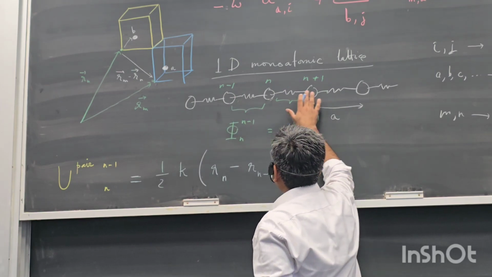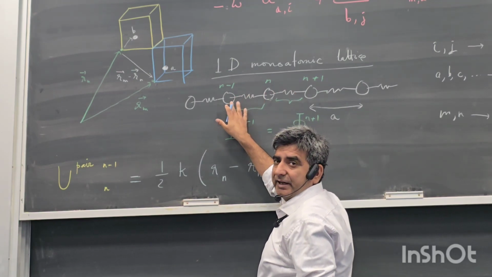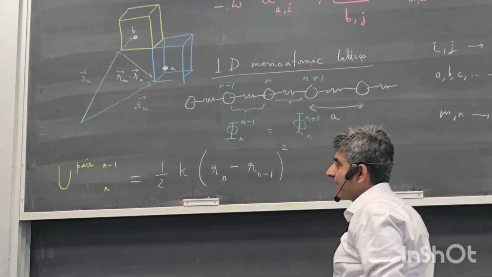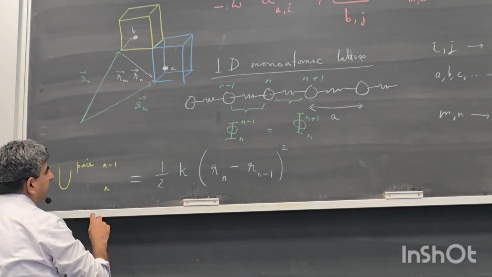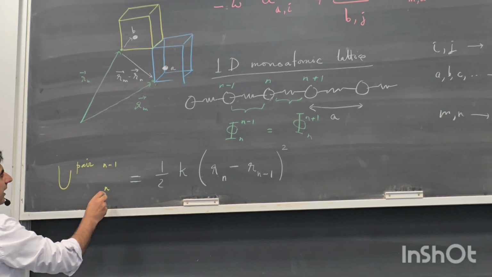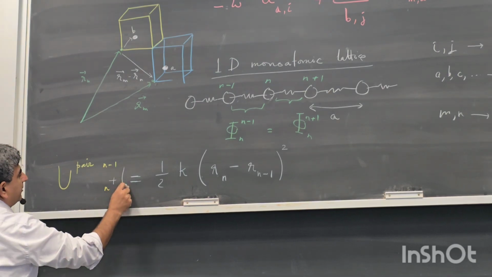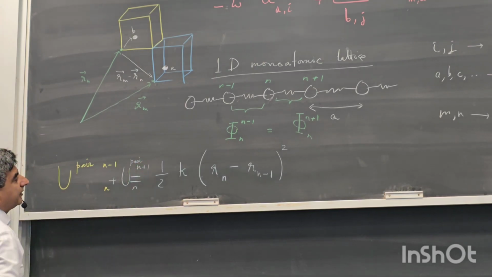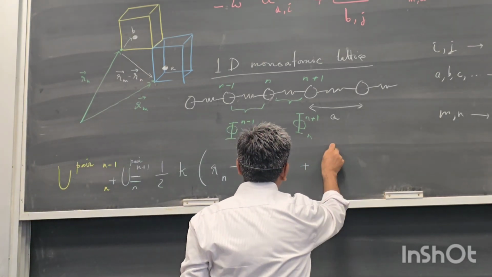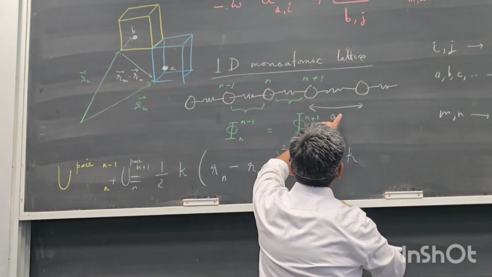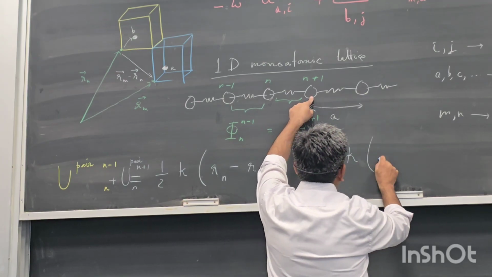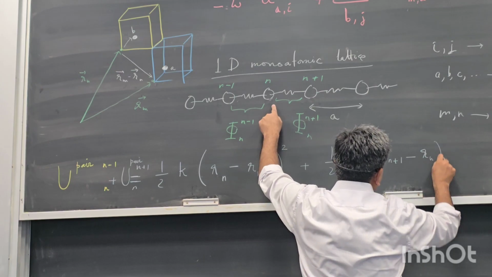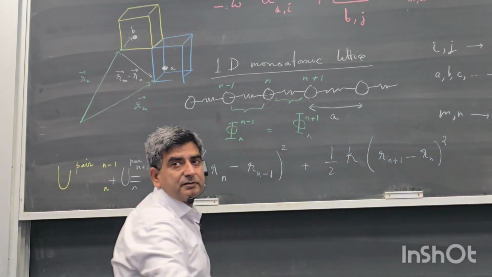So I really need to consider these three atoms together. So the energy associated with this combination is this, and then I need to add to this the pair n plus 1, right? This will give me plus half k. Now I look at this atom, this one, it is at a distance Rn plus 1 minus Rn whole square, right? So this is my energy.